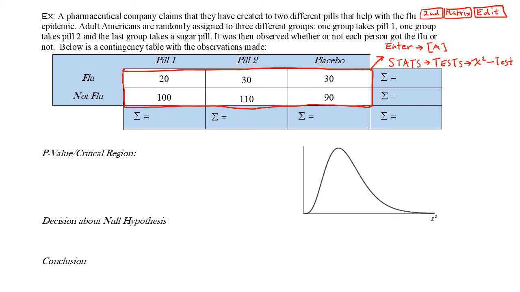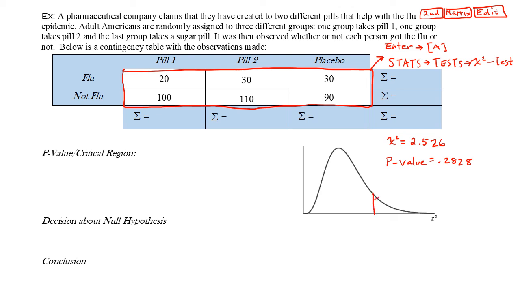Okay, so when we perform this test, I get a chi-squared value of about 2.526, and the p-value I get is around 0.2828.